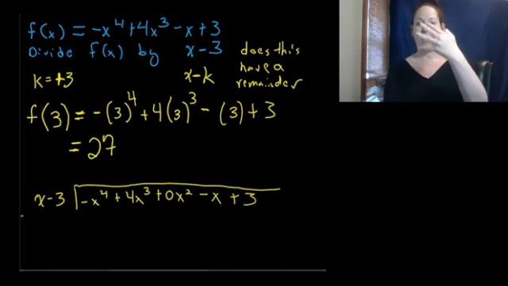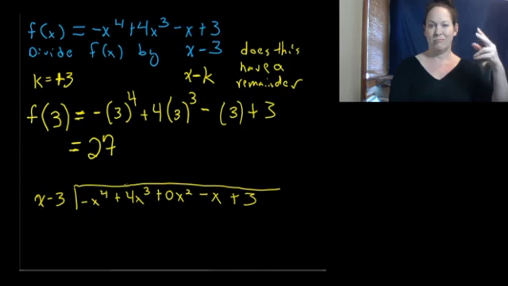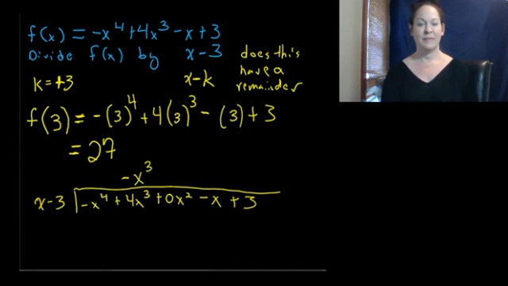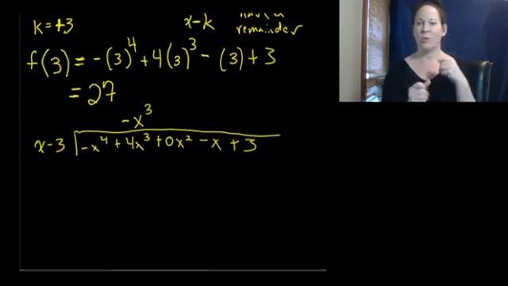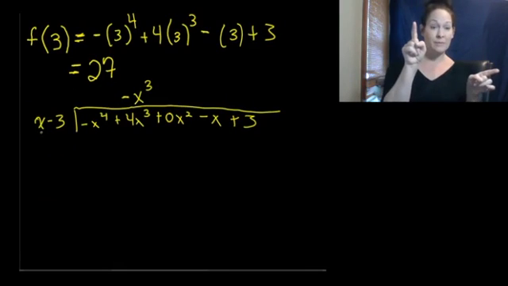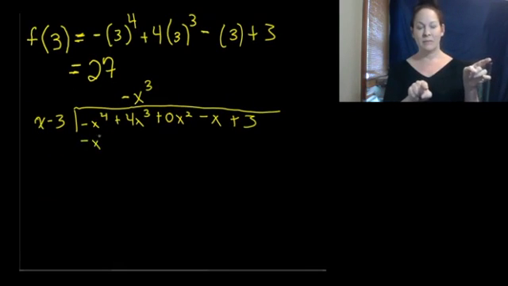Alright, so my leading term, I need a negative x cubed. I'm going to do this one a little quick because I want to talk a little bit more about the remainder theorem. So negative x cubed times positive x is negative x fourth, minus 3x cubed.